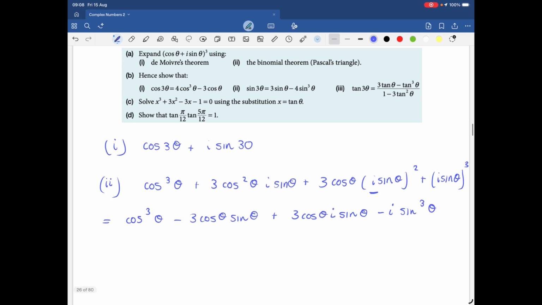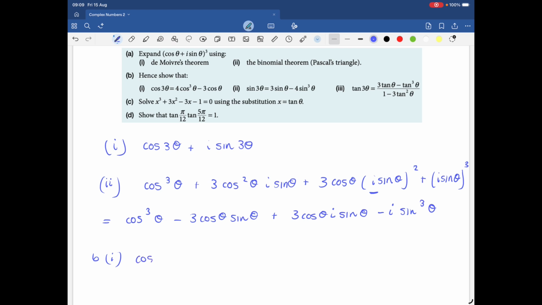Now part B says hence show that the following things are true. We learnt in a previous video that we can equate the real and imaginary components of an expression. So part 1 and part 2 are the same thing, because they're two different ways that we can expand (cos θ + i sin θ) cubed.